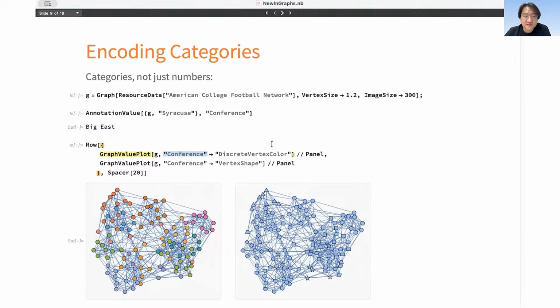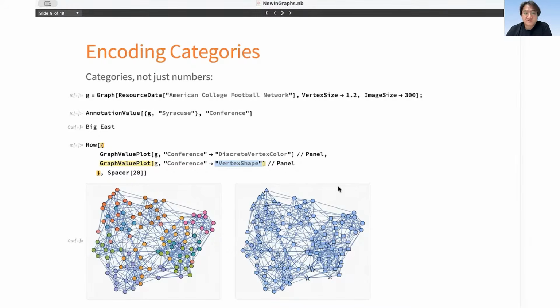And with a discrete color encoding, each component gets its own color. And with a shape encoding, each component gets its own markers. So teams in the same component snap together visually, which is exactly what I want for labeled grouping, like categories, or type, or membership.